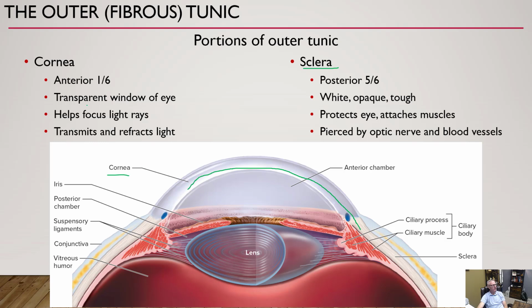So the cornea is this outer layer, sclera is more of this inner layer. The sclera is actually the whites of your eye, and the cornea is like this little film over the whites of your eye. Your cornea helps focus the light rays. It's going to transmit and refract light.